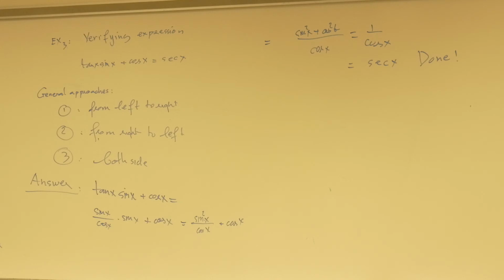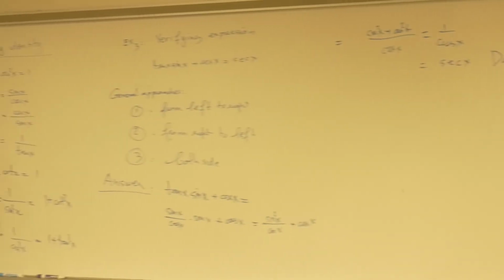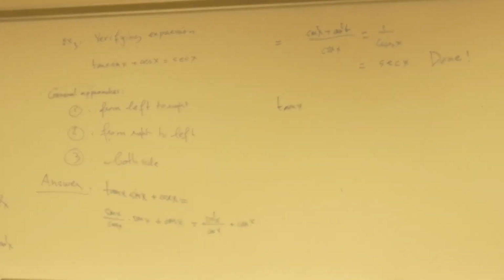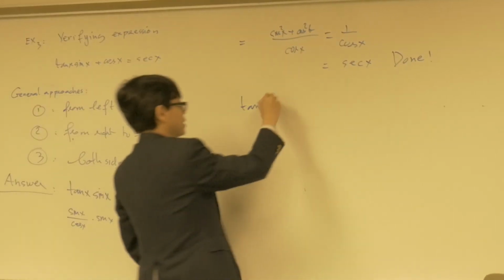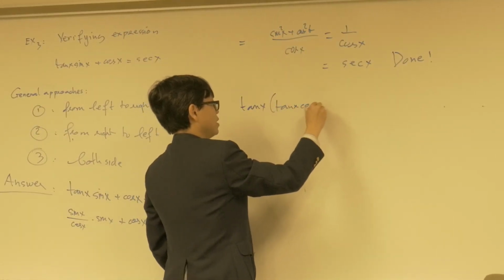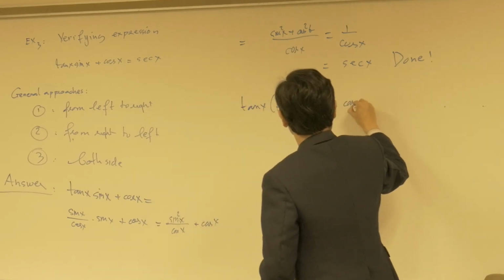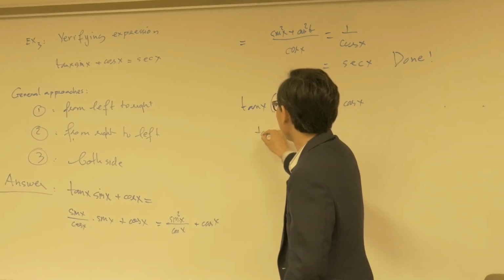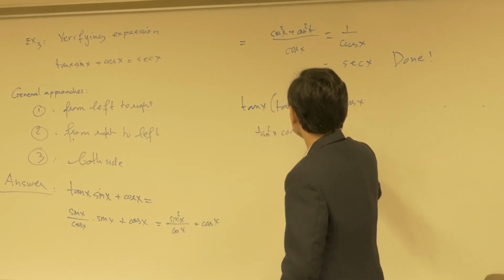I changed sine to tangent times cosine. Okay, you should change sine to tangent times cosine because someone used this. So she keeps this and she used this formula here: sine is tangent times cosine. So it will be tangent times cosine, and she keeps this. Then she multiplies that, which gives you tangent squared x times cosine plus another cosine here.